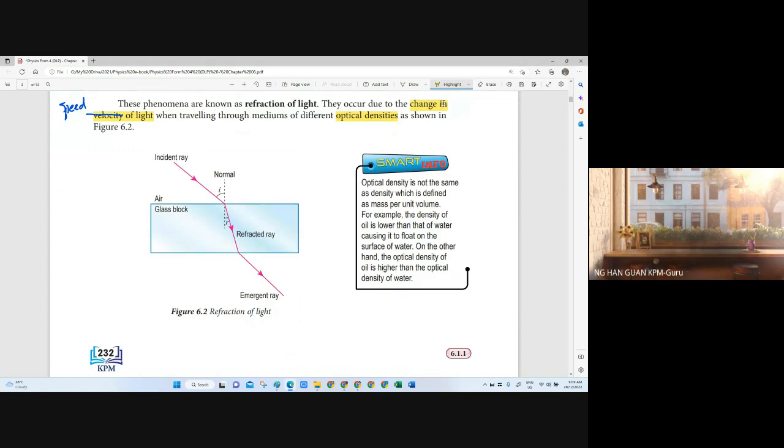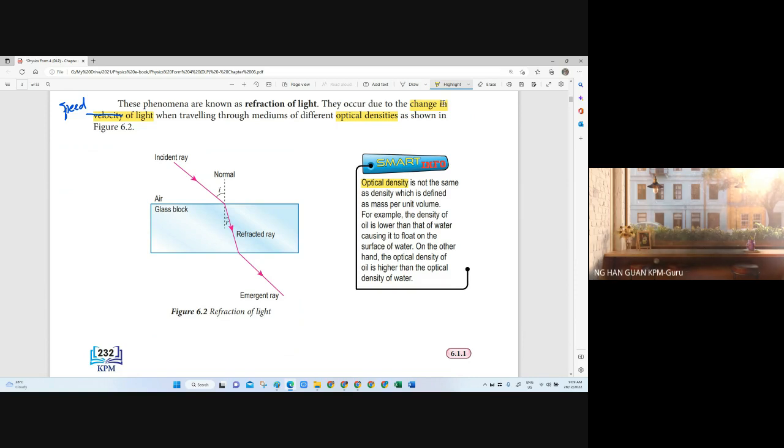Last time in O level there wasn't this smart info. It is very important to know why you must use the term optical density, because optical density is not the same as density, which is defined as mass per volume. Mass per volume is the normal mass density.